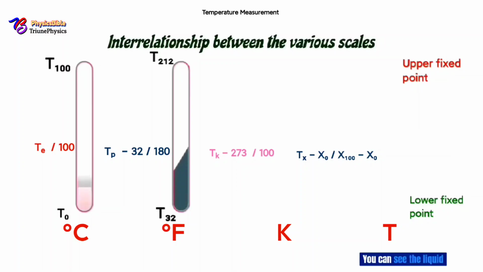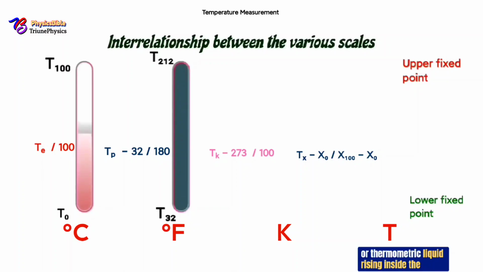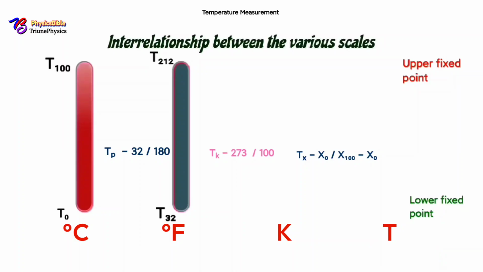You can see the thermometric liquid rising inside the thermometer. The lower fixed point is 32 and the upper fixed point is 212 for the Fahrenheit scale, degree Fahrenheit. Please take note of that.